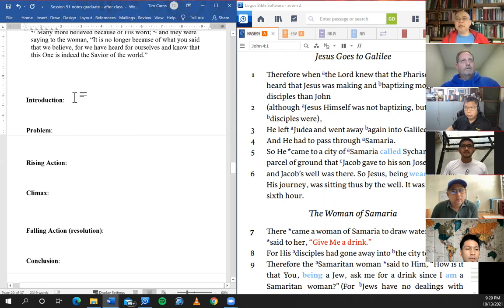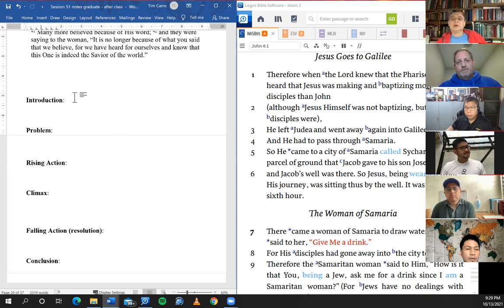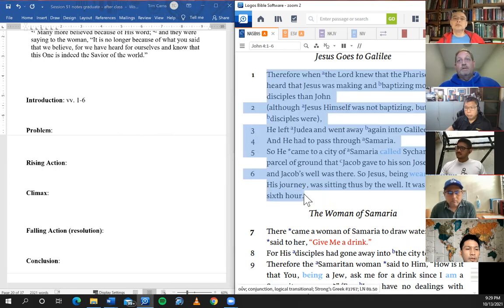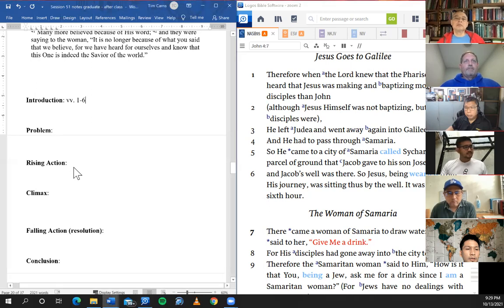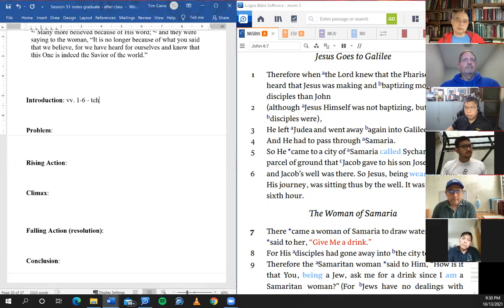Verses 1 to 6. Yeah, I think for this one it's pretty straightforward, right? The whole setting here is given in detail. And then the story begins in verse 7. So the introduction would be verses 1 to 6, the setting.